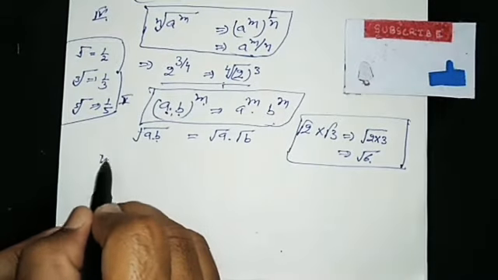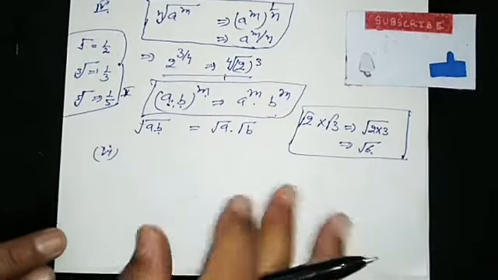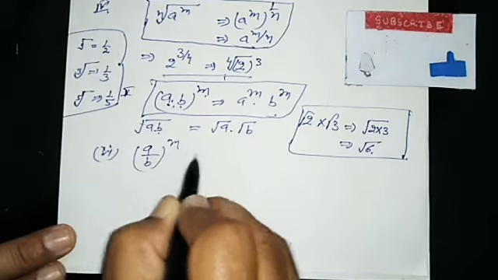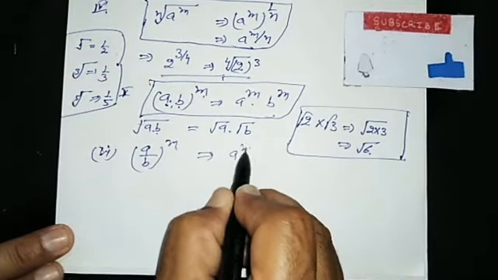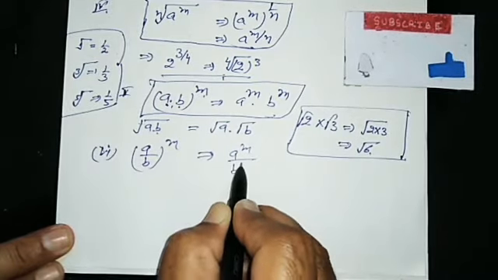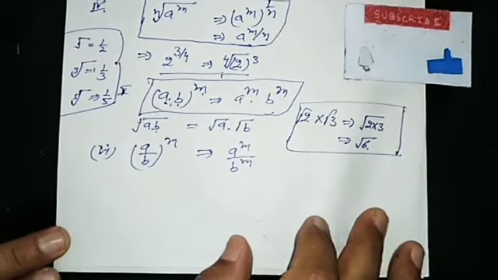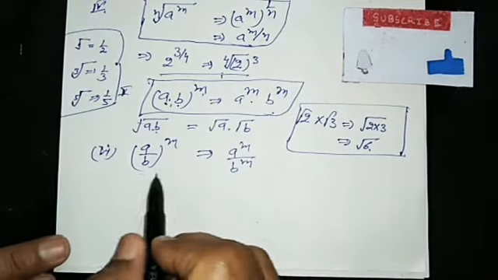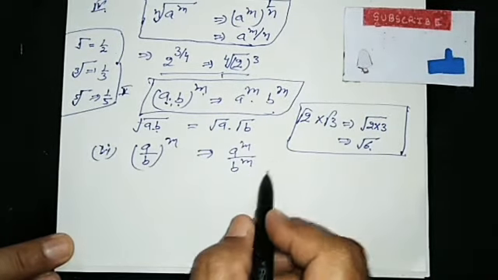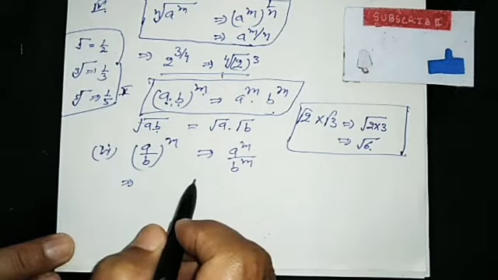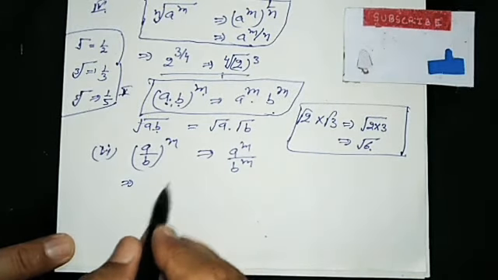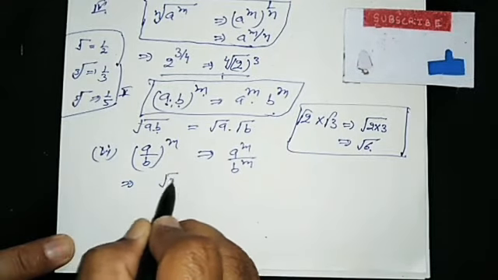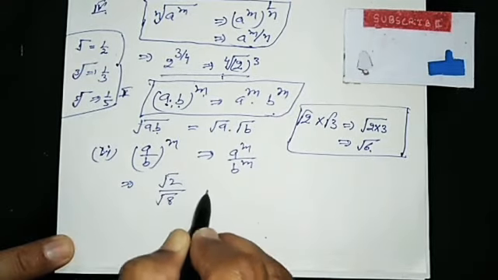Okay, the next one is division form, a divided by b, which can be written as a^m and b^m. Like multiplication, division can be performed in this way. You can take an example of this, root 2 divided by root 8.